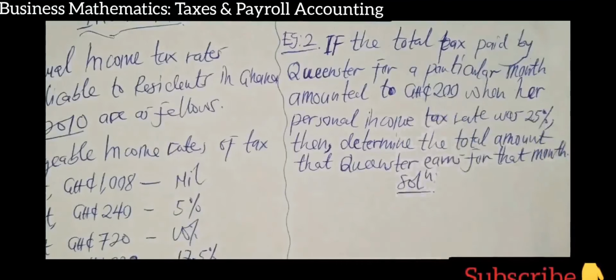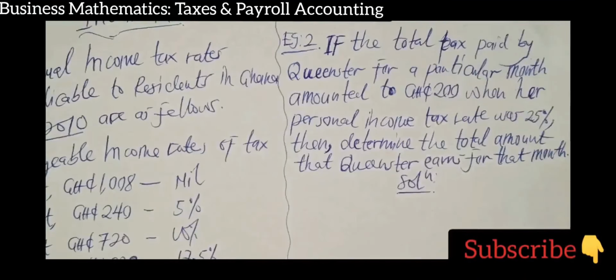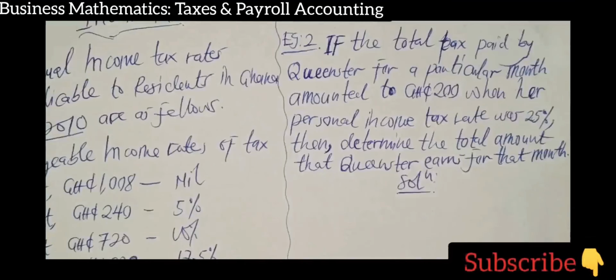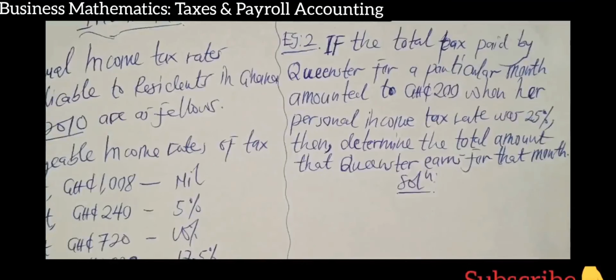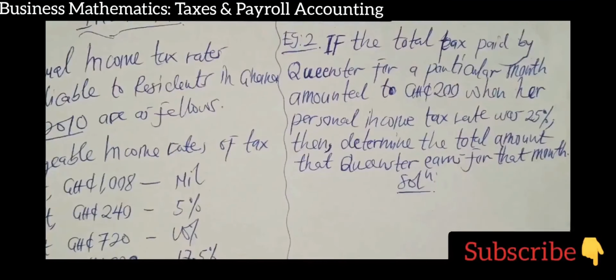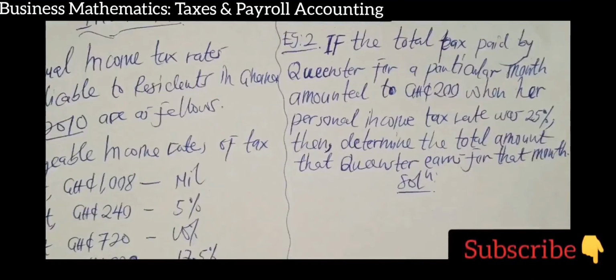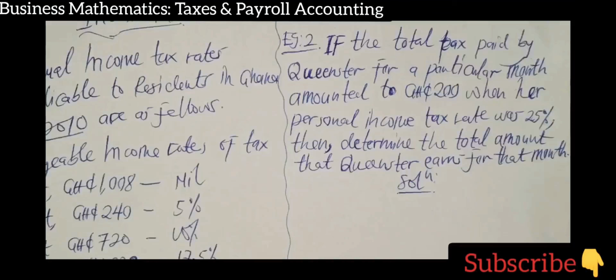So here we are asked to determine the total income that she earns for that month. So how are you going to go about that? Since we know that anytime the tax rate is given, you multiply it by the income or the taxable income to get the amount you're going to pay as tax. That's what you're going to do.